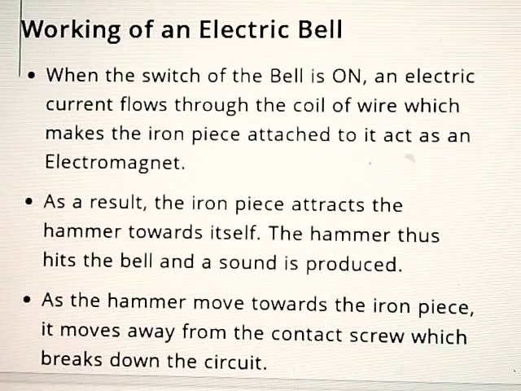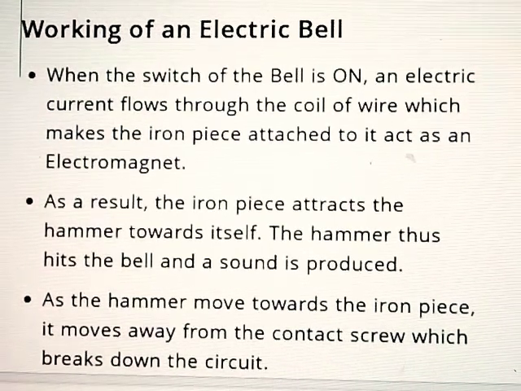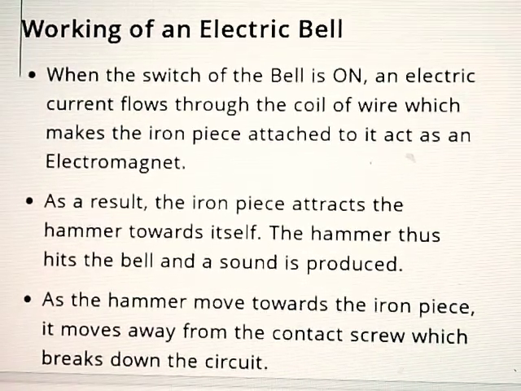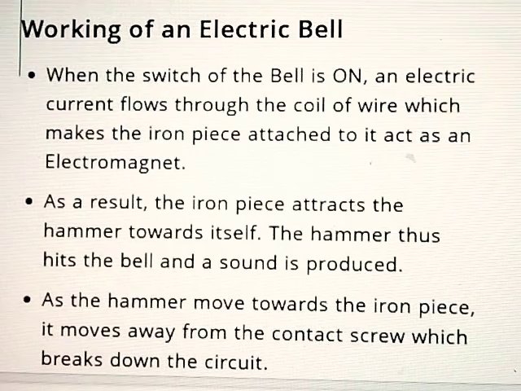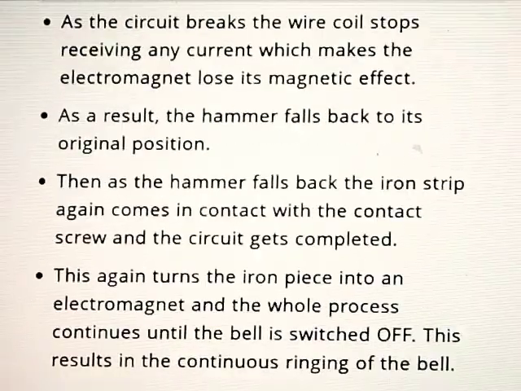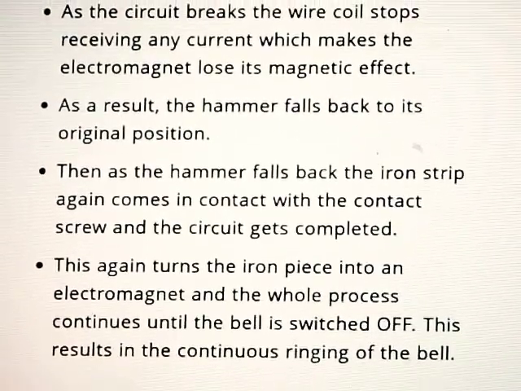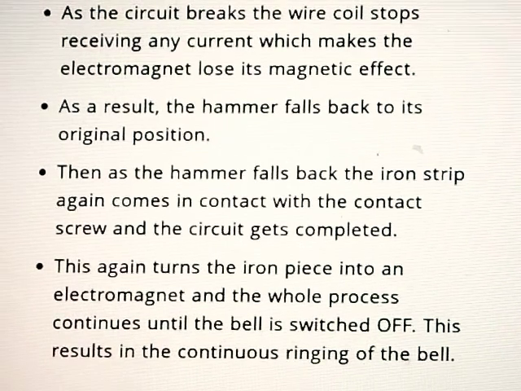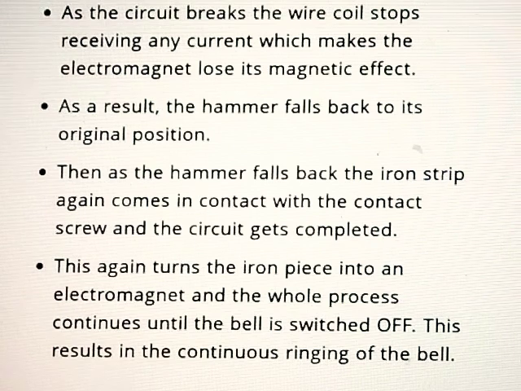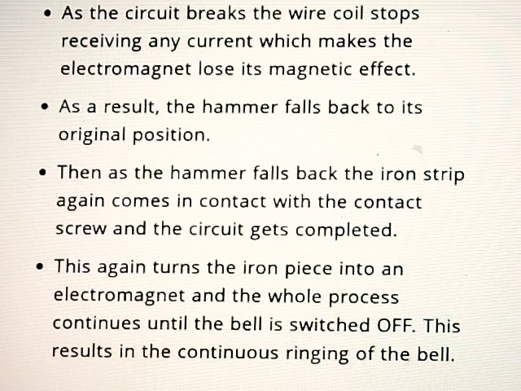As the hammer moves towards the iron piece, it moves away from the contact screw which breaks the circuit. As the circuit breaks, the wire coil stops receiving any current which makes the electromagnet lose its magnetic effect. As a result, the hammer falls back to its original position.